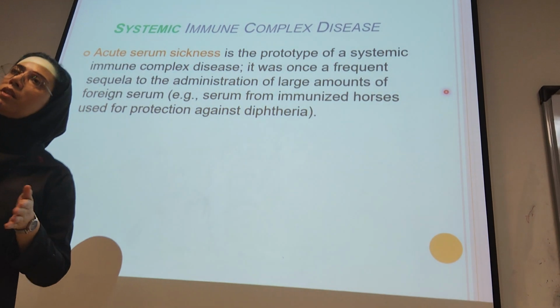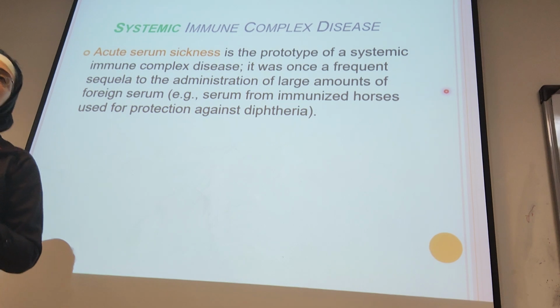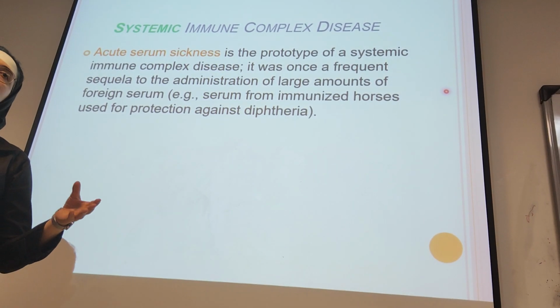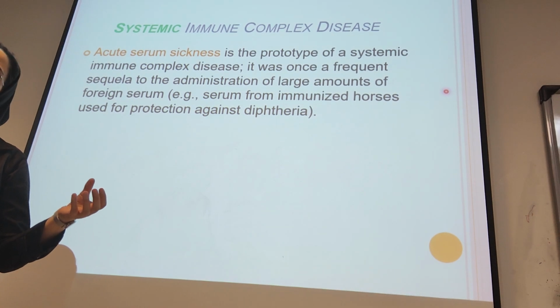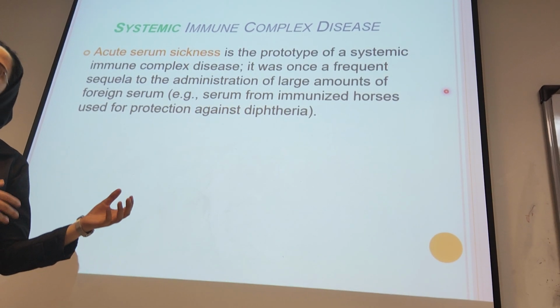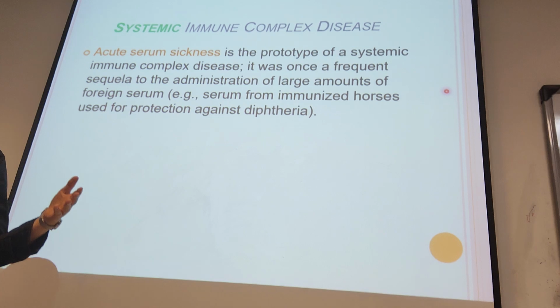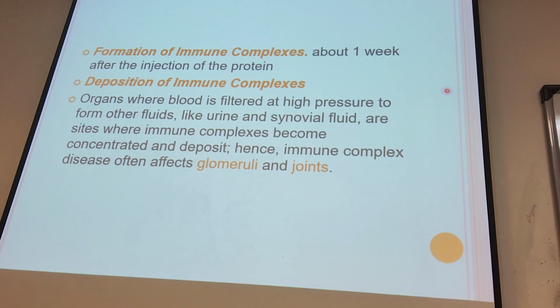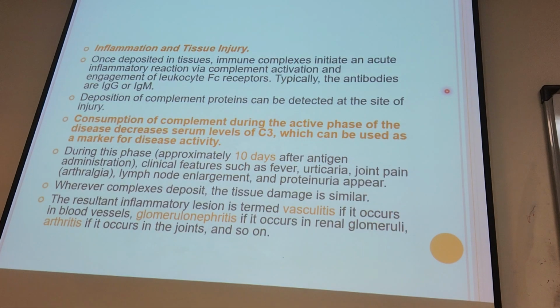Okay, why does this happen? Because in the serum of horse we have antigens, and because it is taken from an animal we have antigens, and we will have antibodies against them, and we will have immune complex deposition. When we have this immune complex deposition, we have inflammation, and after that we have tissue injury.